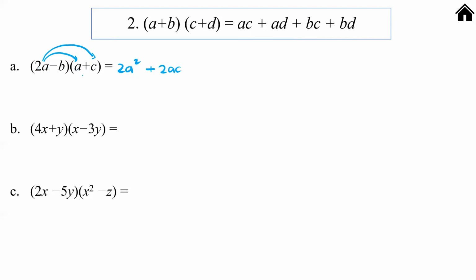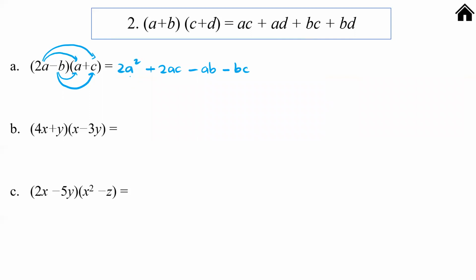Number with number, variable with variable. So negative b with a is negative ba, or we can write ab because they are the same thing. A times b and b times a, they are the same, but we always write it according to the alphabetical order. So negative b times positive c, we have negative bc.